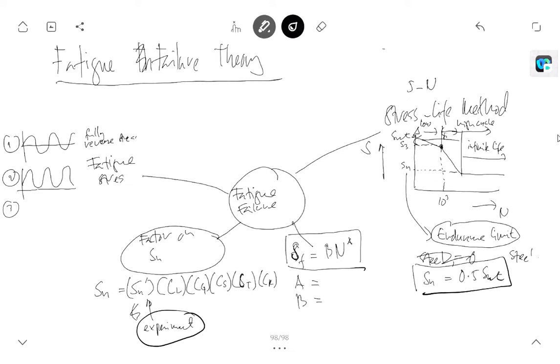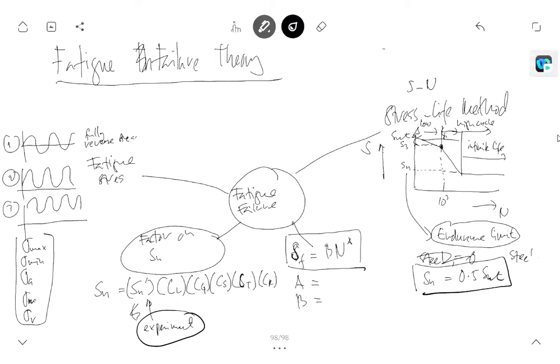The third one is fluctuating stress. So here we will know that it has maximum stress, minimum stress, alternating stress, the mean stress, and then stress range.